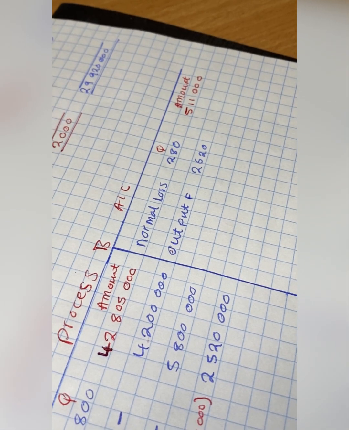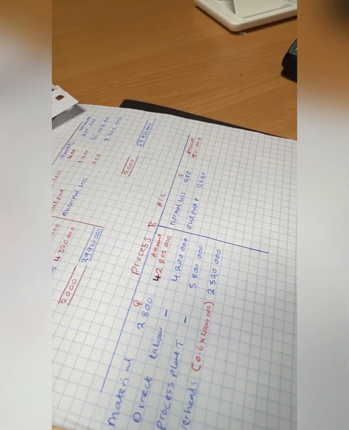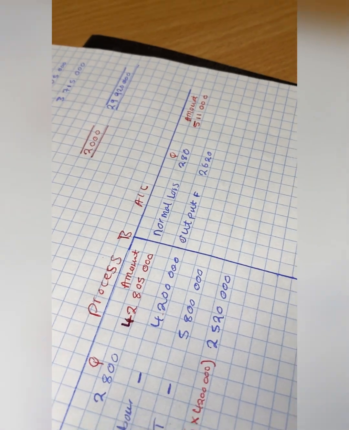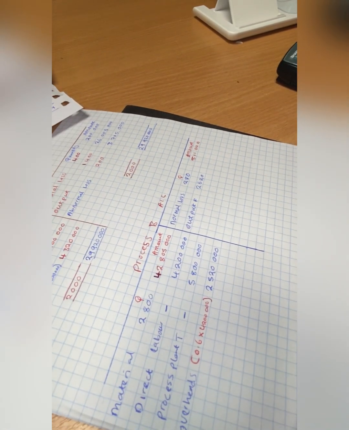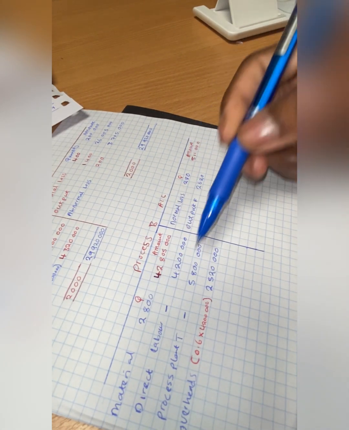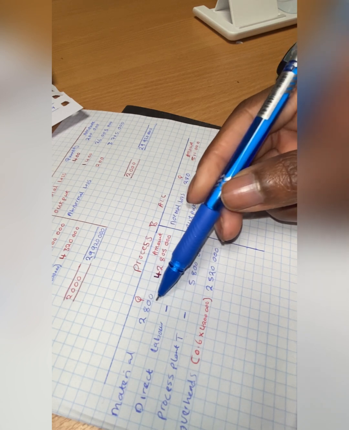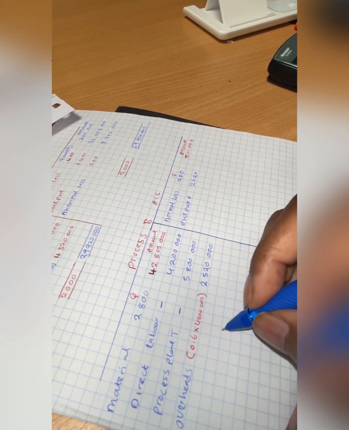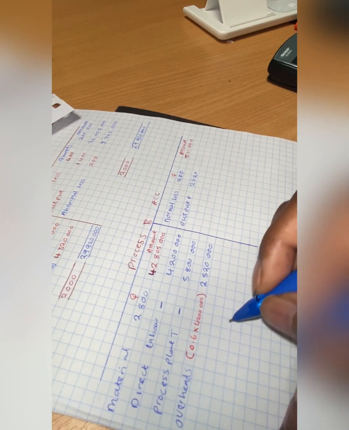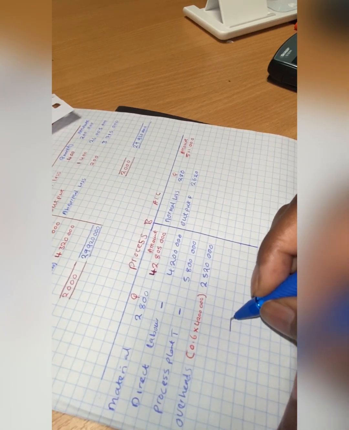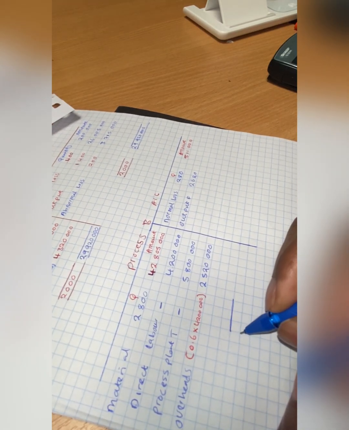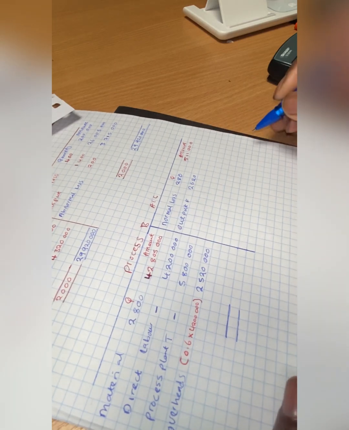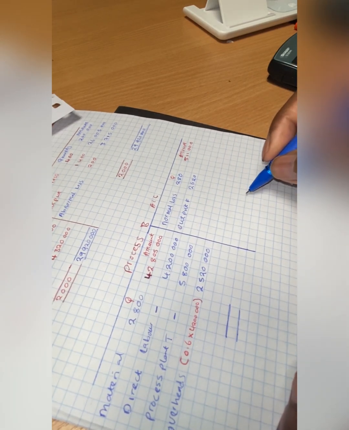Okay, so after doing this, what do we do next? We are now supposed to balance our quantities. On the debit side, what do we have? We have 2,800. Even this side we do the same. For the quantity, we need to balance it.